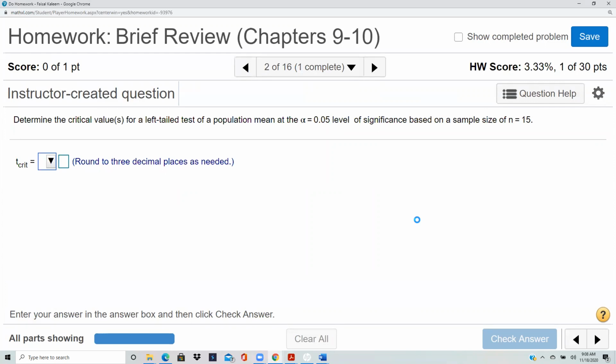Okay. Now, how are the critical values done? With the calculators. Right. C for critical, C for calculator. So which calculator in this case?